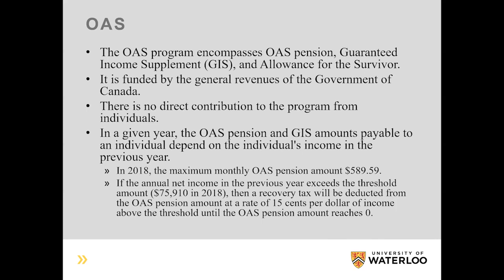In 2018, the maximum monthly OAS pension amount is around $590. If the annual net income in the previous year exceeds the threshold amount, which is approximately $76,000 in 2018, then a recovery tax will be deducted from the OAS pension amount at a rate of 15 cents per dollar of income above the threshold until the OAS pension amount reaches 0.